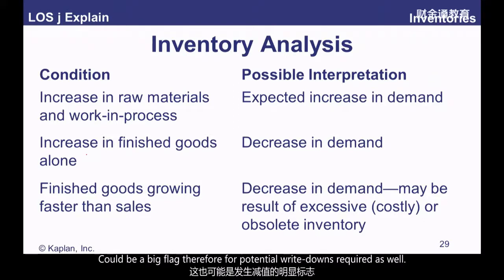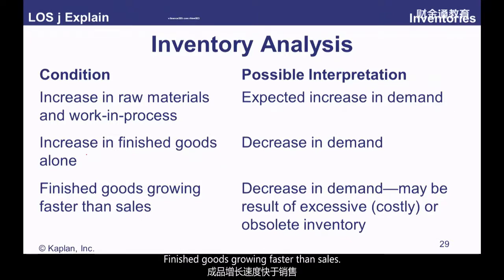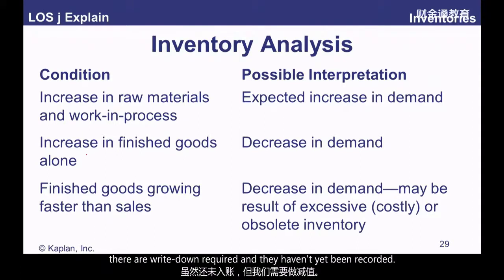Could be a big flag, therefore, for potential write-downs required as well. Finished goods growing faster than sales. Well, again, if the finished goods are growing faster than sales, it could be an indication of a decrease in demand. It could be, again, an indication that there are write-downs required and they haven't yet been recorded.